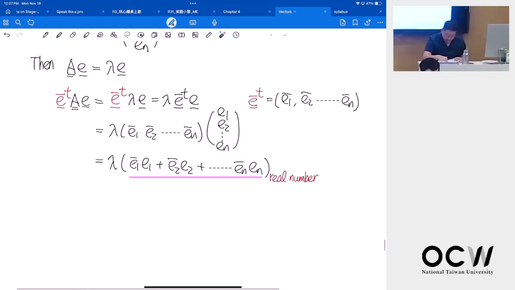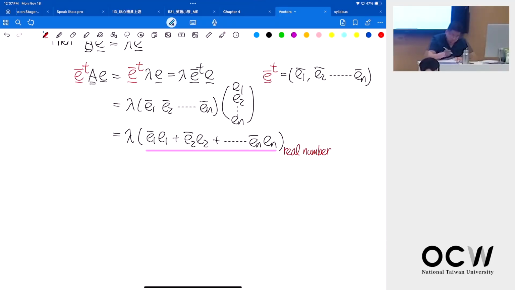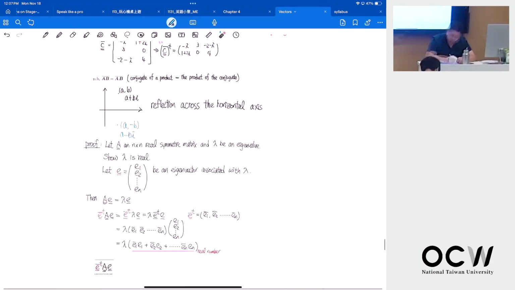Let's write this first: E conjugate transpose A E. When I take the conjugate, let's use maybe blue. The conjugate of a product will be equal to the product of the conjugates.